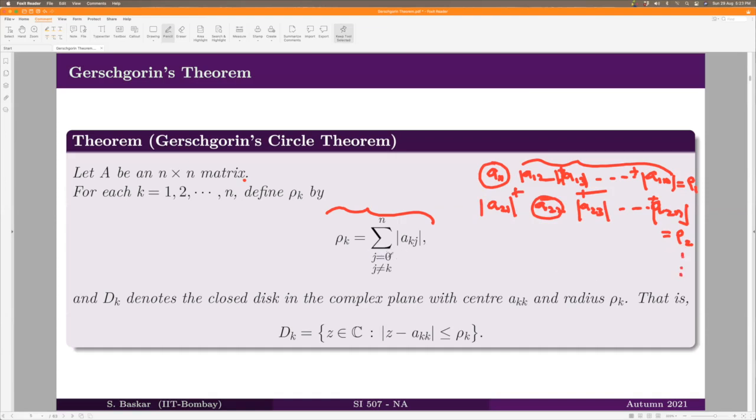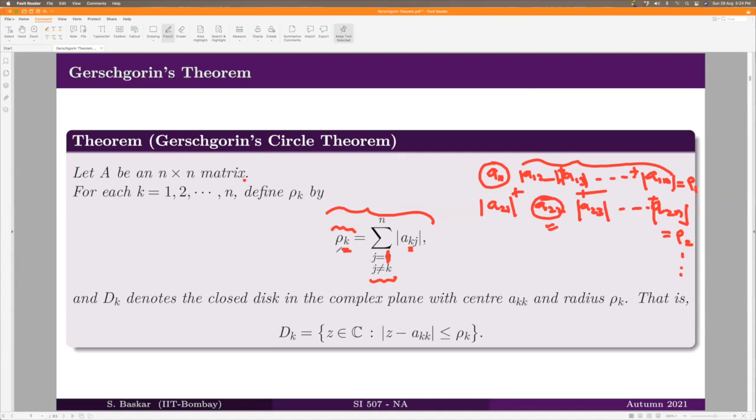Here, j runs from 1 to n excluding j equal to k, where k is the index for the row and j is for the column. You are removing the column equal to the row, thereby excluding the diagonal part. All non-diagonal elements you take the absolute value of and sum them, and that is denoted by rho k.